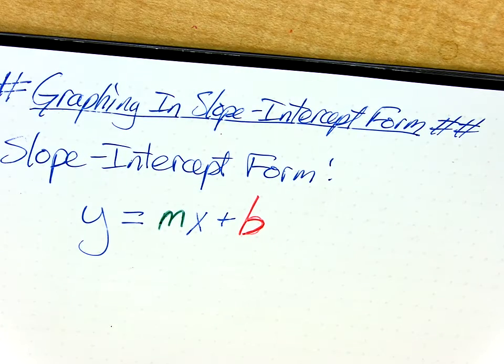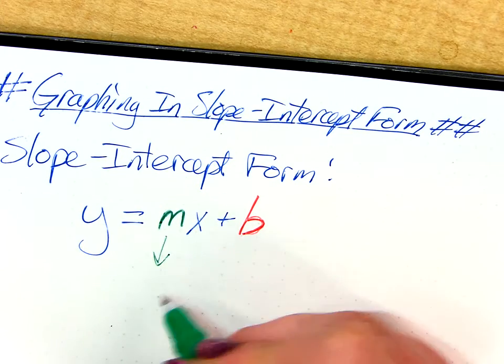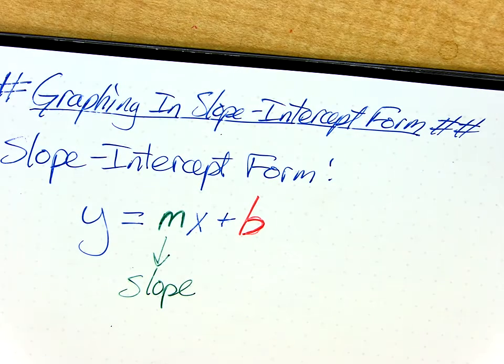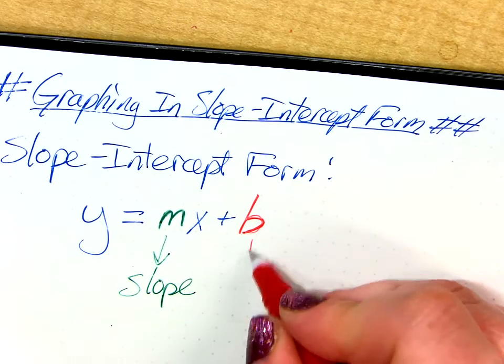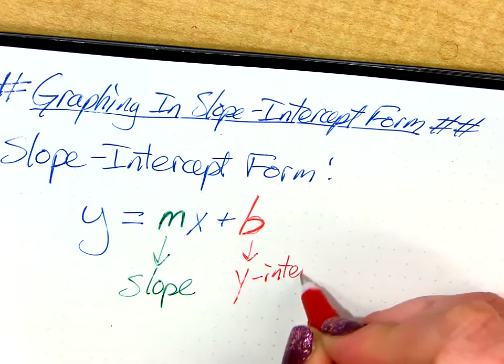Now, some of these pieces you're familiar with, maybe some of them you're not. X and Y, we've been dealing with those plenty, right? M we've been talking about for the last couple days, so that's just your value for slope. And then B is what I was just talking about on that other page. That's your y-intercept.